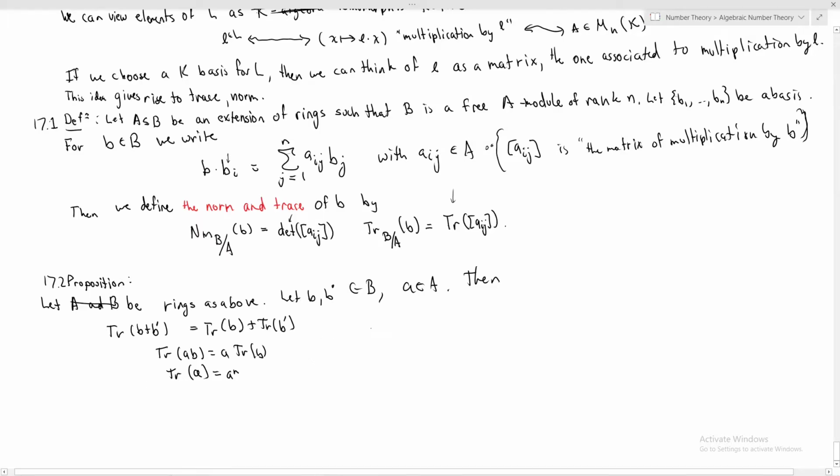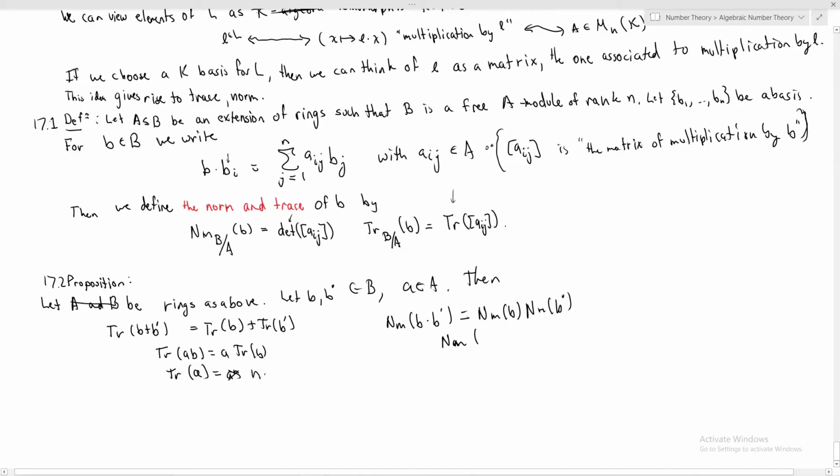Okay. And then there are other properties of the norms. The norm is multiplicative. And the same thing. Oh, sorry, I made a mistake here.